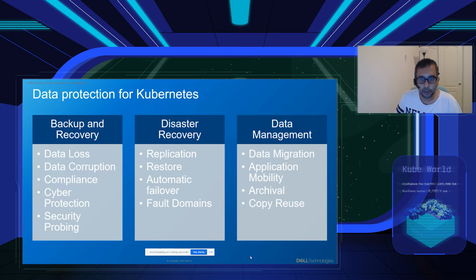In that case, you want to make sure that the data is replicated to an alternate site. You can restore to an alternate site. You need to be able to fail over. You create the concept of fault domains. So that's the second pillar.